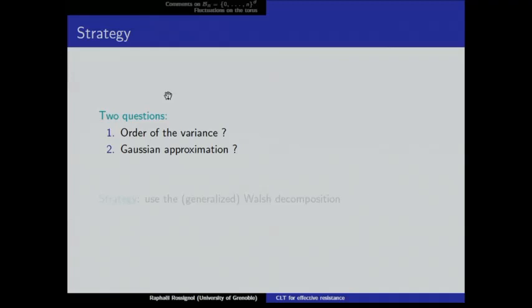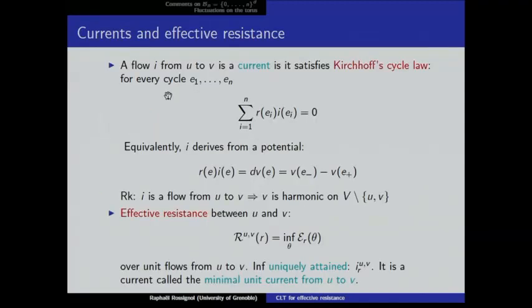So recall my two questions. What is the order of the variance, and can we say something about a Gaussian approximation? The variance of the effective resistance, where U and V are arbitrary vertices.